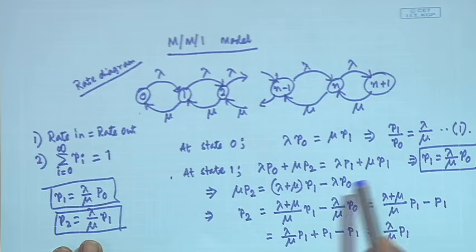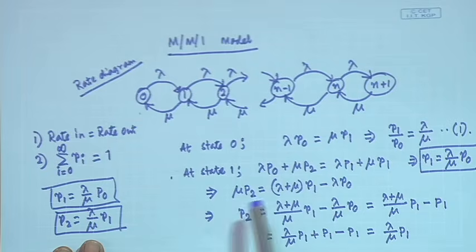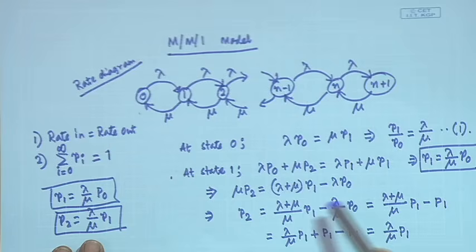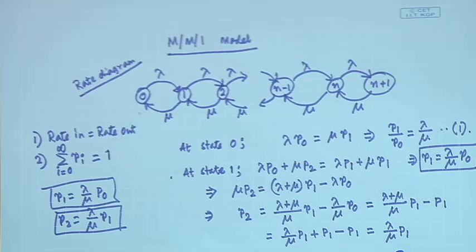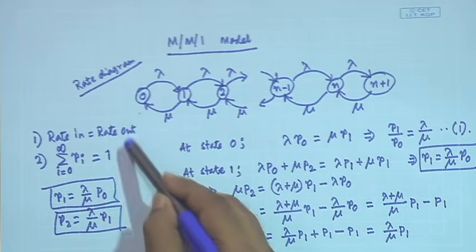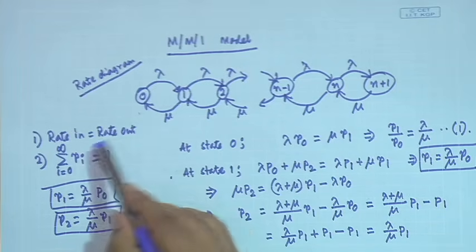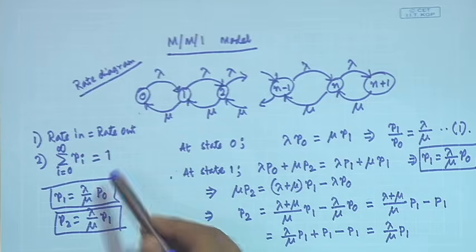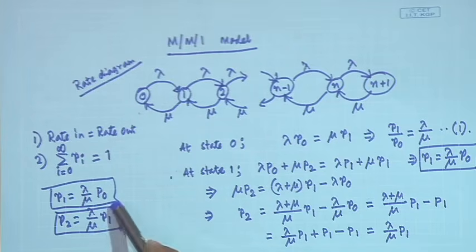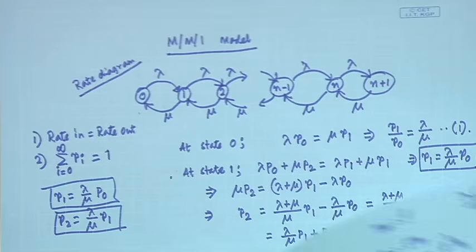So, if you put that, you can compute mu P2 equal to lambda plus mu times P1 minus lambda P0, and if you simplify, you find that P2 equal to lambda by mu P1. So, those things are written here: rate in equal to rate out, sigma Pi equal to 1, P1 equal to lambda by mu P0, P2 equal to lambda by mu P1.